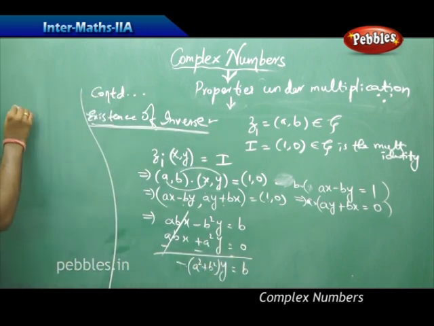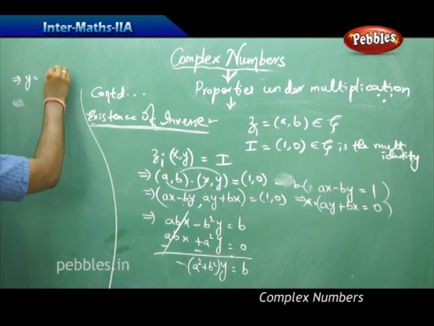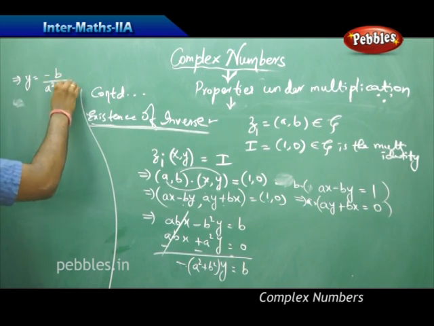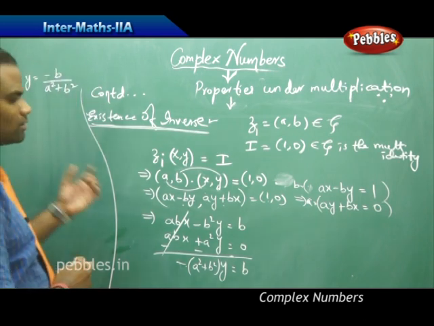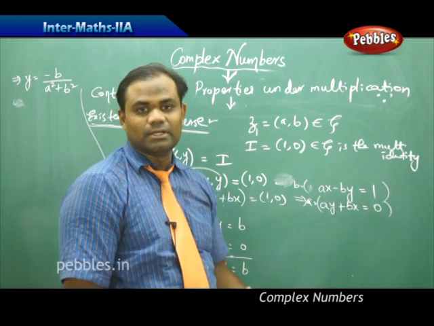That implies my y is equal to minus b by a square plus b square, which on substitution in one of the equations gives me the x.